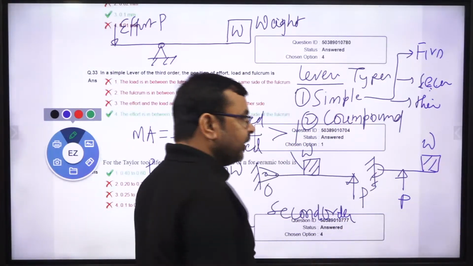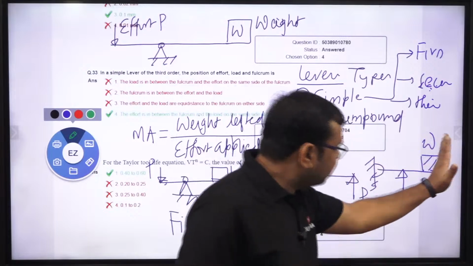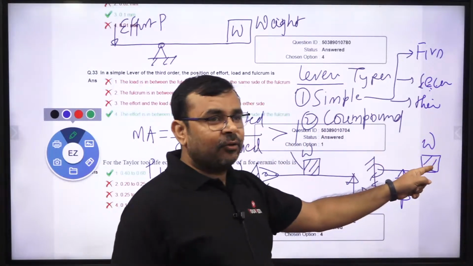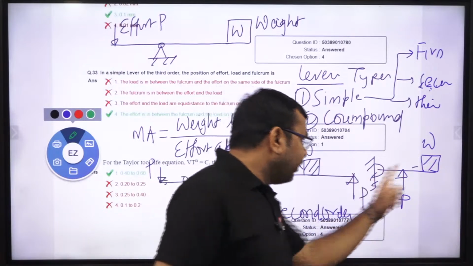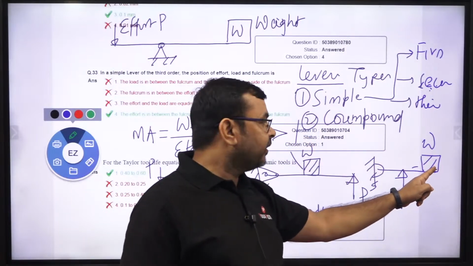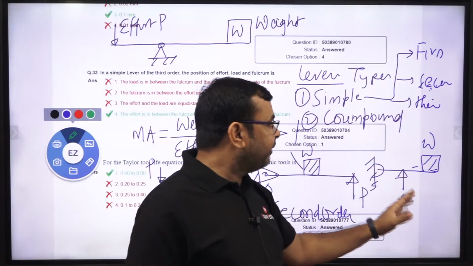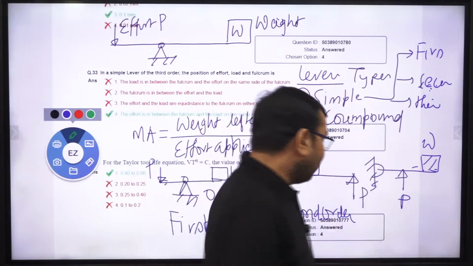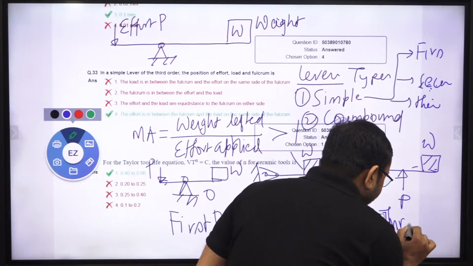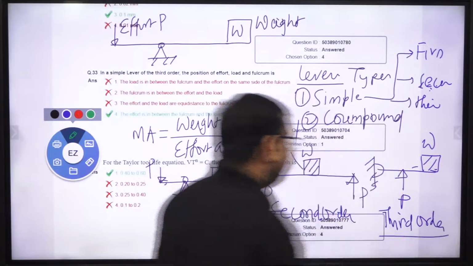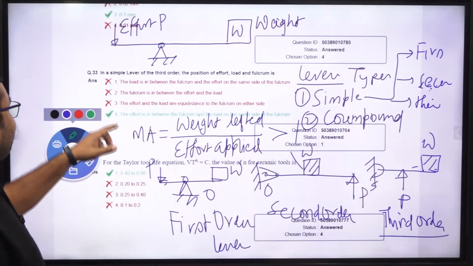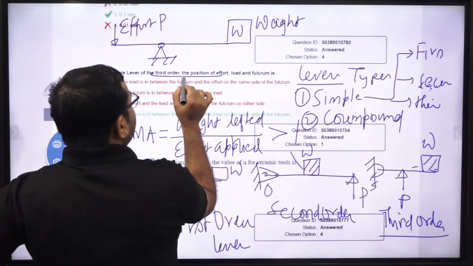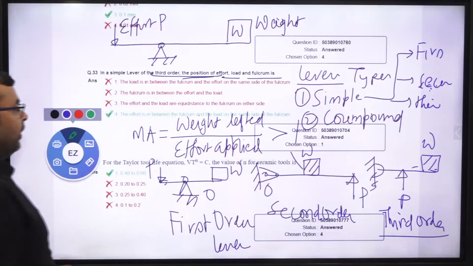The load lifted is situated at the furthest point of the lever, and the effort applied lies in between the fulcrum and the load, and effort and weight lifted are both situated on the same side of the fulcrum. Then this is called third order. So in this question, in a simple lever of the third order, the position of effort, load and fulcrum is.